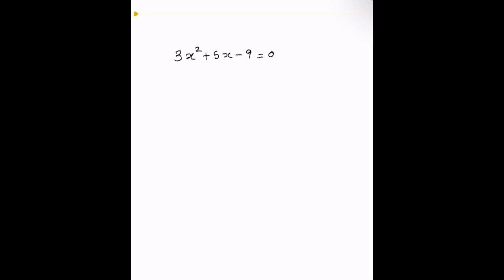So first thing is to find out what a, b, and c are. Now calculate b square minus 4ac, that is the discriminant. It is going to be 5 square minus 4 into 3 into minus 9, which is 25 plus 12 into 9, 108.